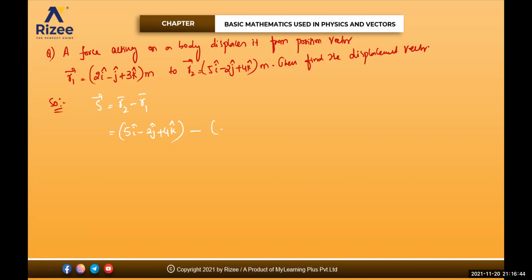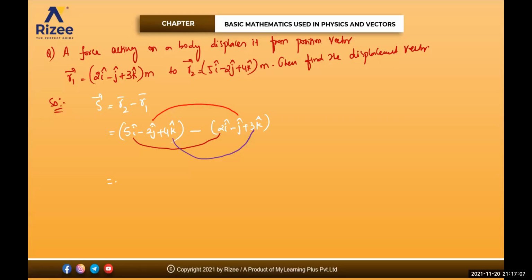This is minus R1: 2 i cap minus j cap plus 3 k cap, like this. Okay, then all i caps on one side, then all j caps on one side, then all k caps on one side.